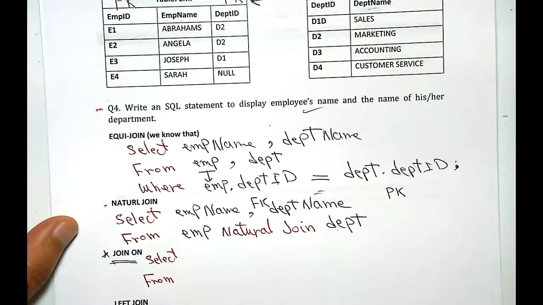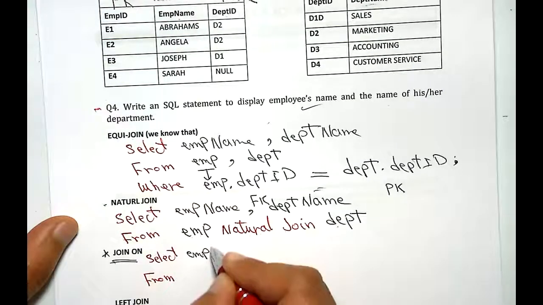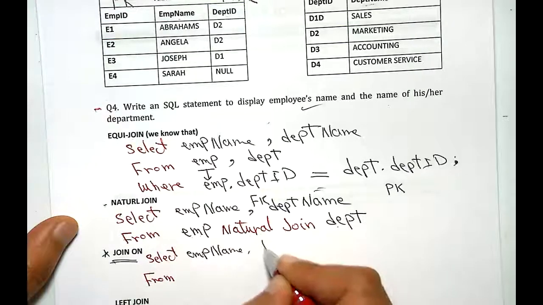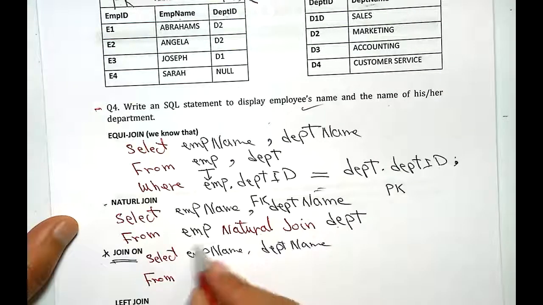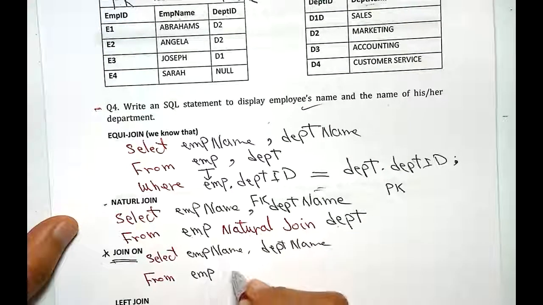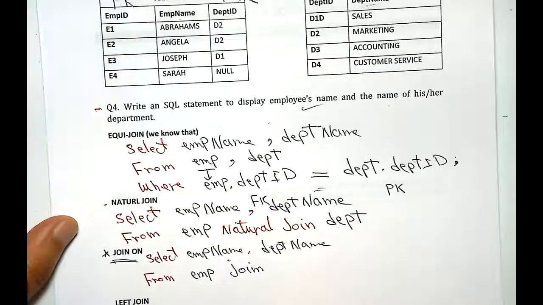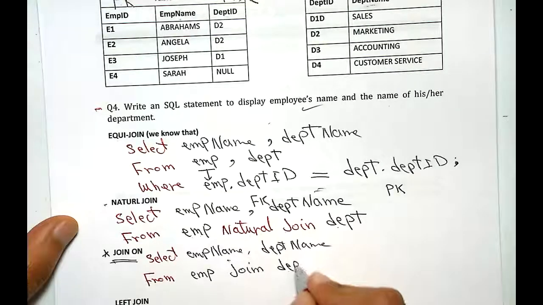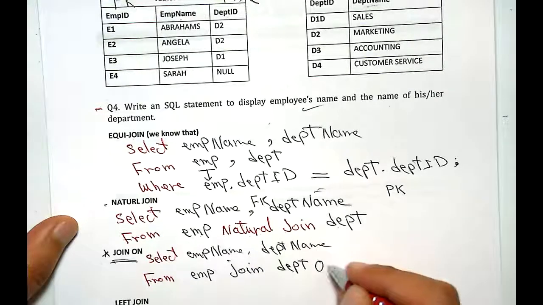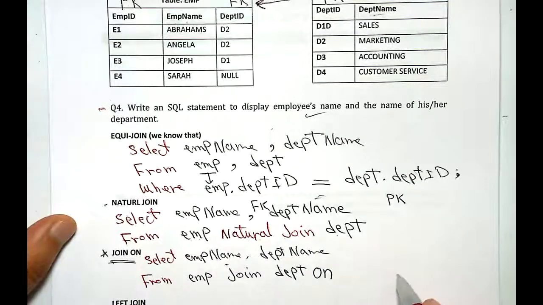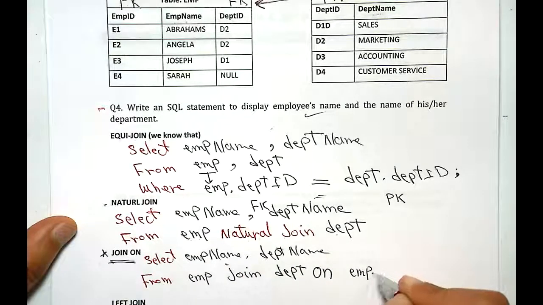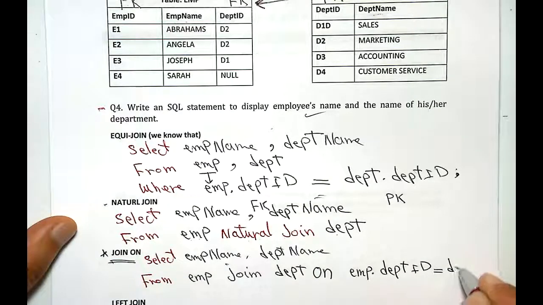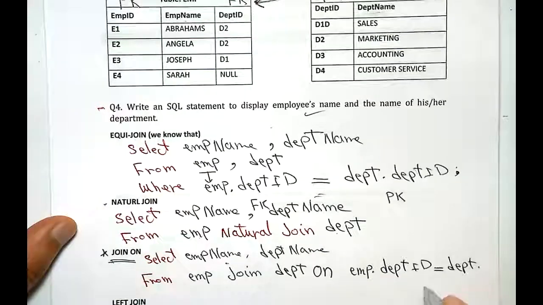So the same, I'm going to select the emp name and department name, and from emp join dept on, and then I again make something like equi-join, so emp dot department ID equals dept dot department ID.